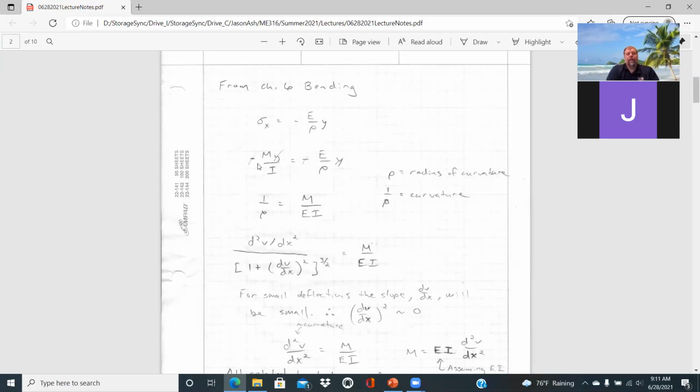And we then looked at already for bending that sigma x is going to be minus My over I. And so we can state that is equal to minus E over rho times y, and our y's will cancel, our negative signs will cancel, and we'll be left with 1 over rho for our radius of curvature is equal to M over EI. And so rho again is our radius of curvature. 1 over rho then defines the curvature of the beam.